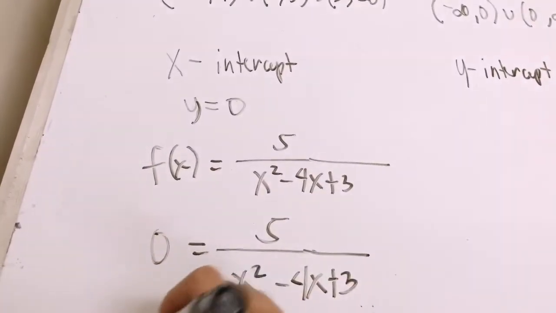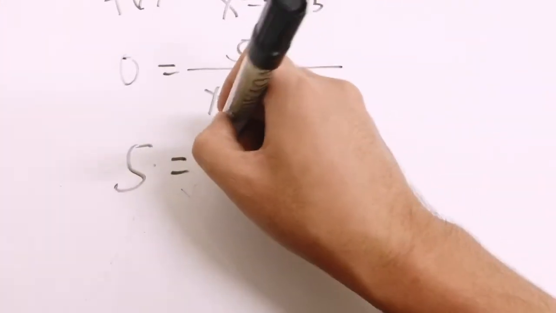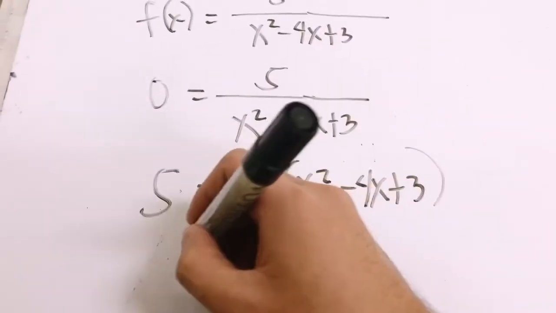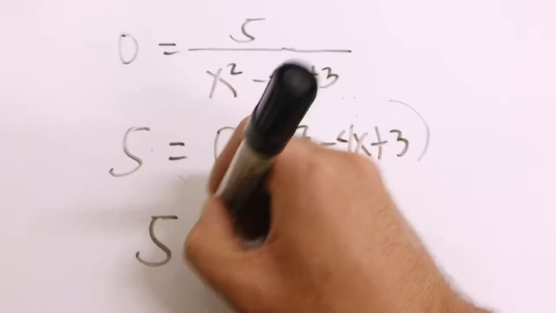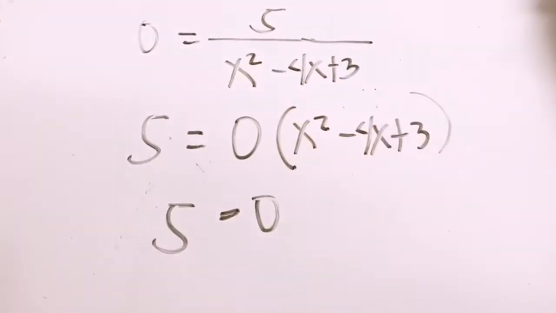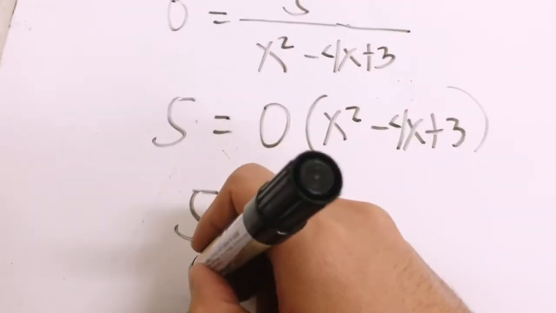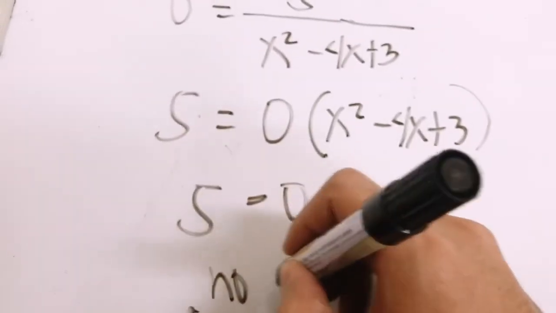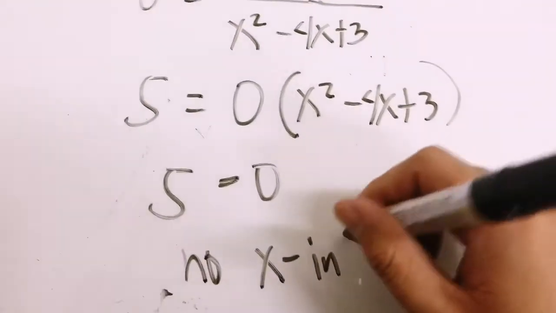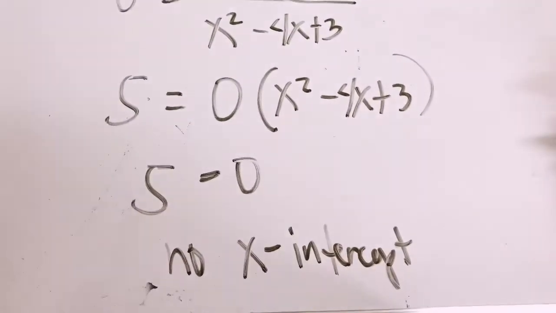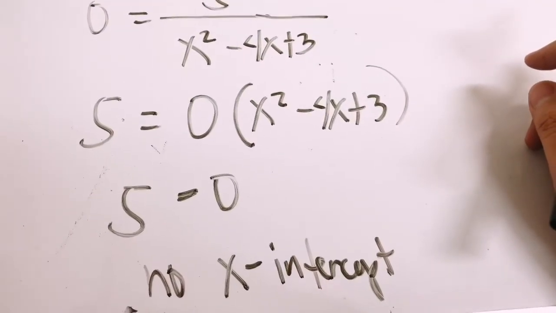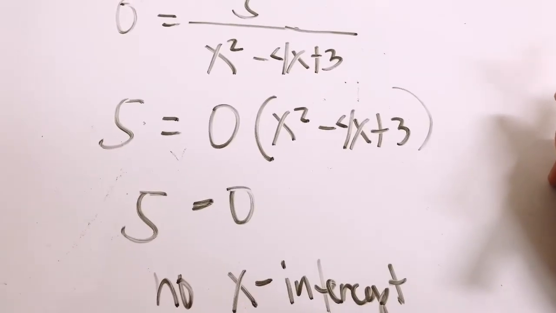Cross multiply, we have 5 is equal to 0 times x squared minus 4x plus 3. 5 is equal to 0. Kung ma-observe ninyo, wala tayong variable x. In other words, there is no x-intercept. So, wala tayong x-intercept. In short, yung graph natin ay walang intersection sa ating x-axis.